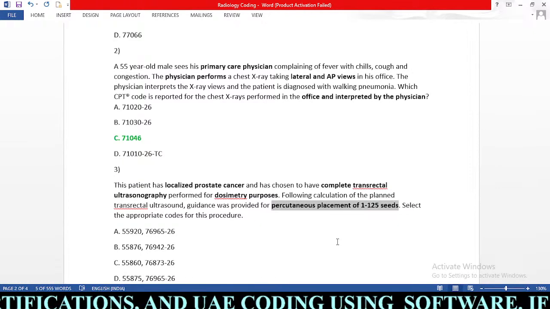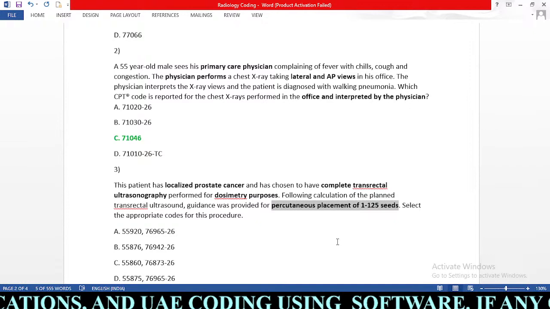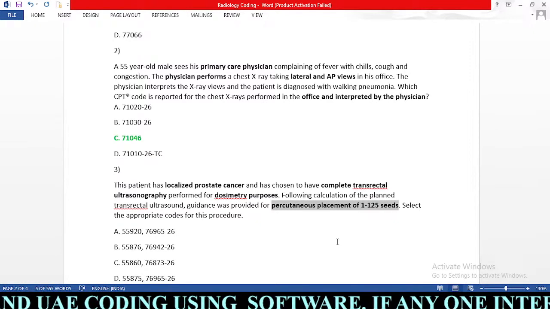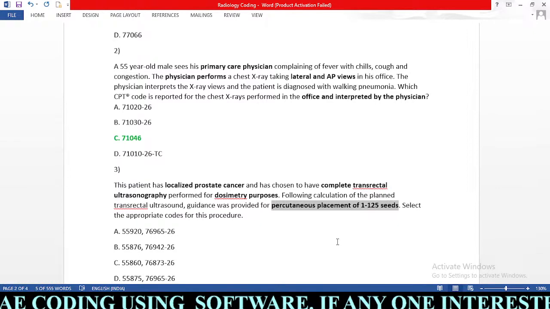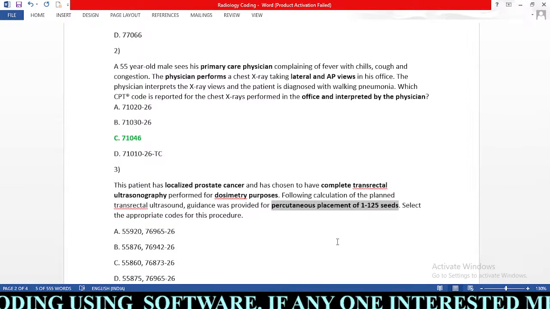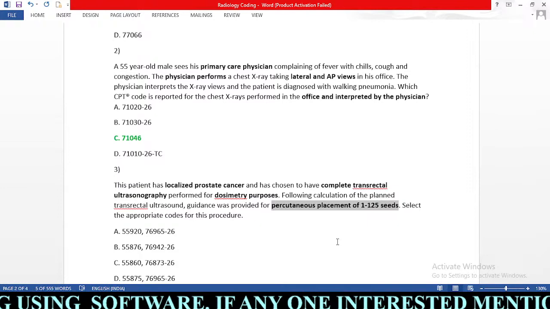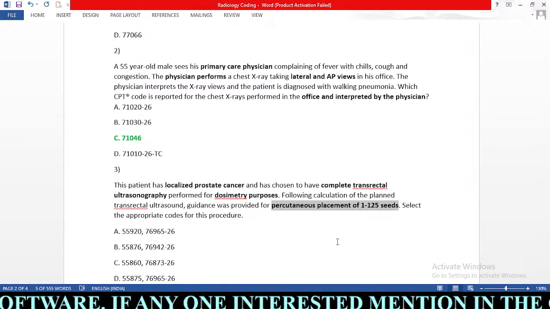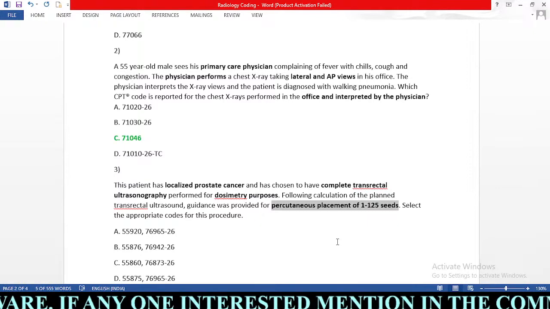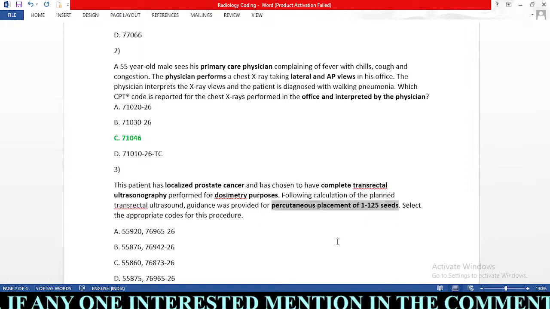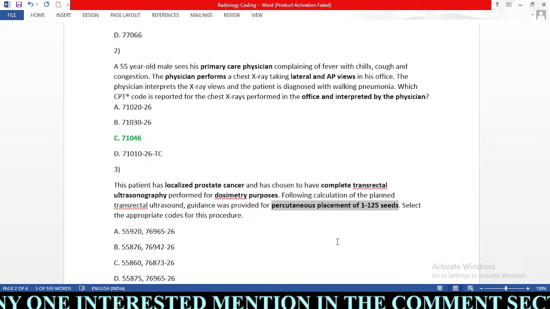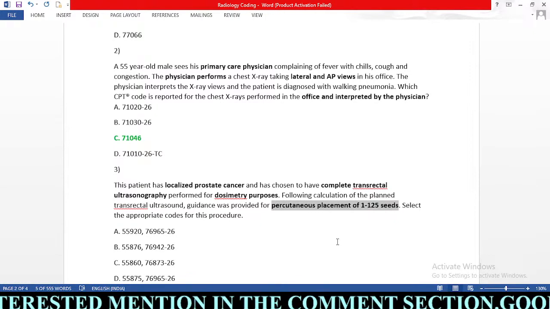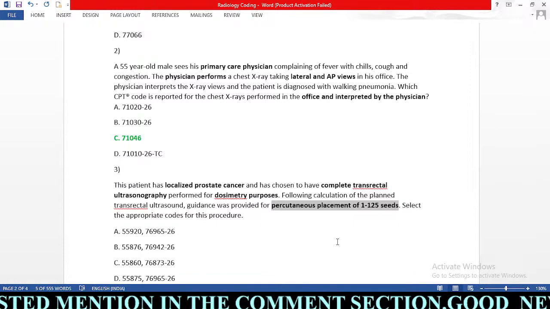So 55920 is wrong, we can't code that one. Next we will check 55860. We need to remember that for seed placement, we have one code for prostate and one code for except prostate. Exposure of prostate, any approach, for insertion of radioactive substance. So this is also wrong.